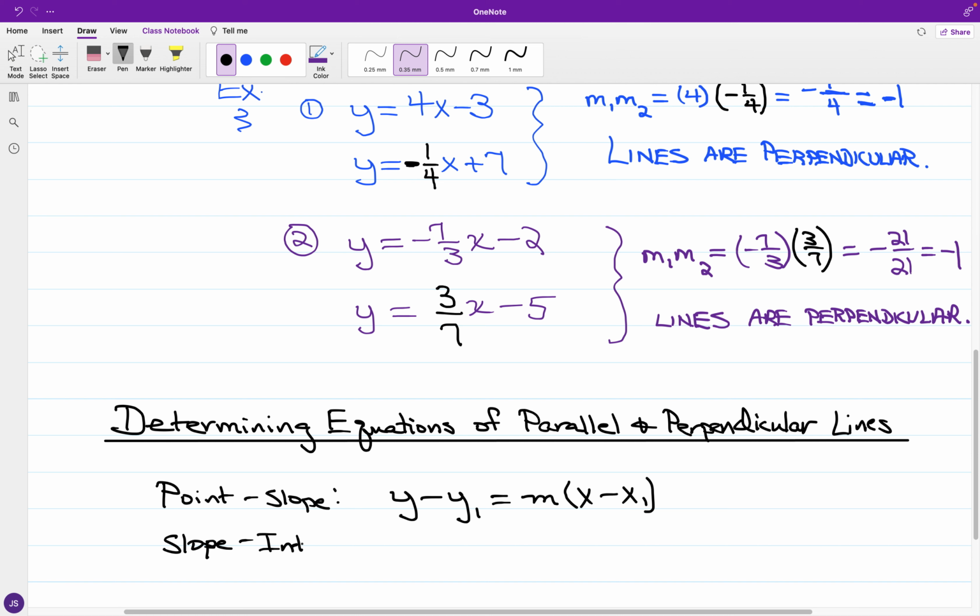And for the slope-intercept equation, y is equal to mx plus b.